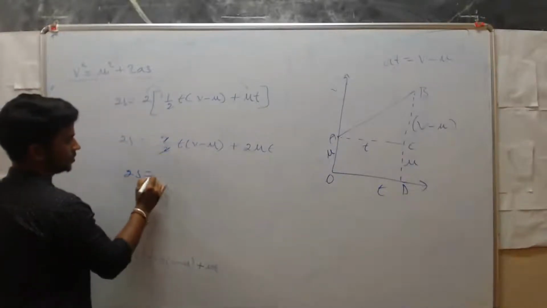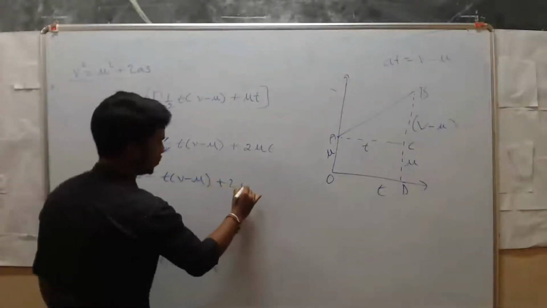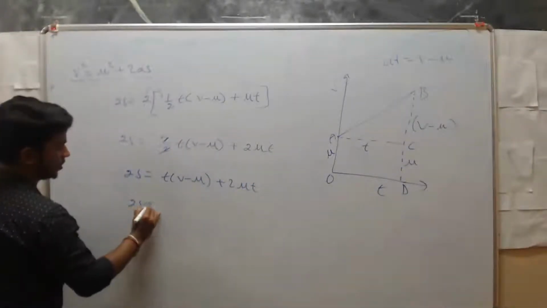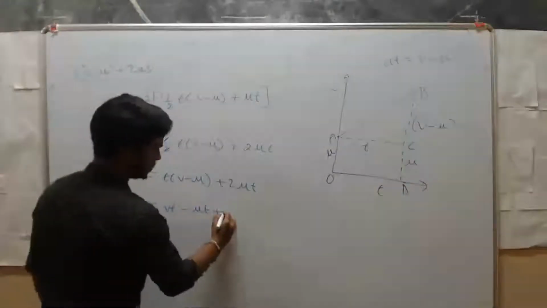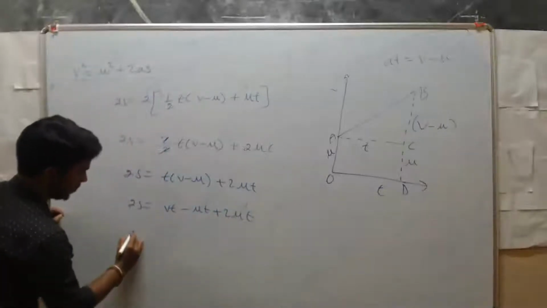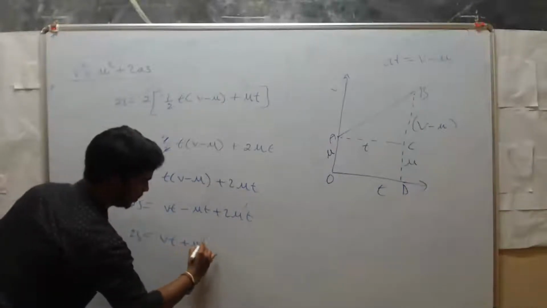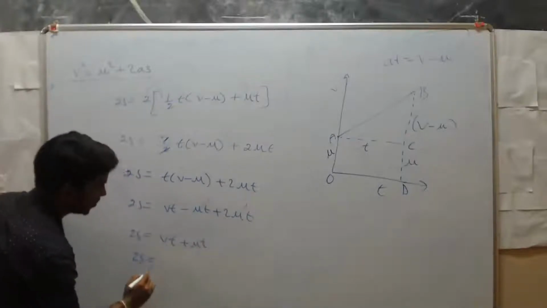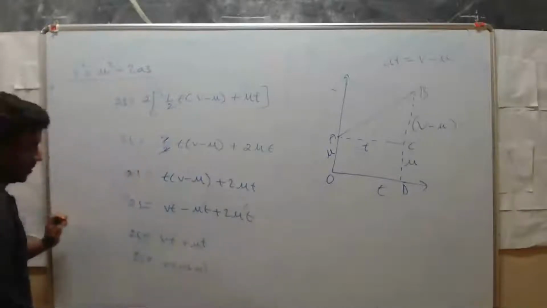So 2s equals t into v minus u plus 2ut. Now multiply this out: 2s equals vt minus ut plus 2ut. Here one ut cancelled, right? So 2s equals vt plus ut. Now take t outside, so we can write 2s equals t into v plus u.